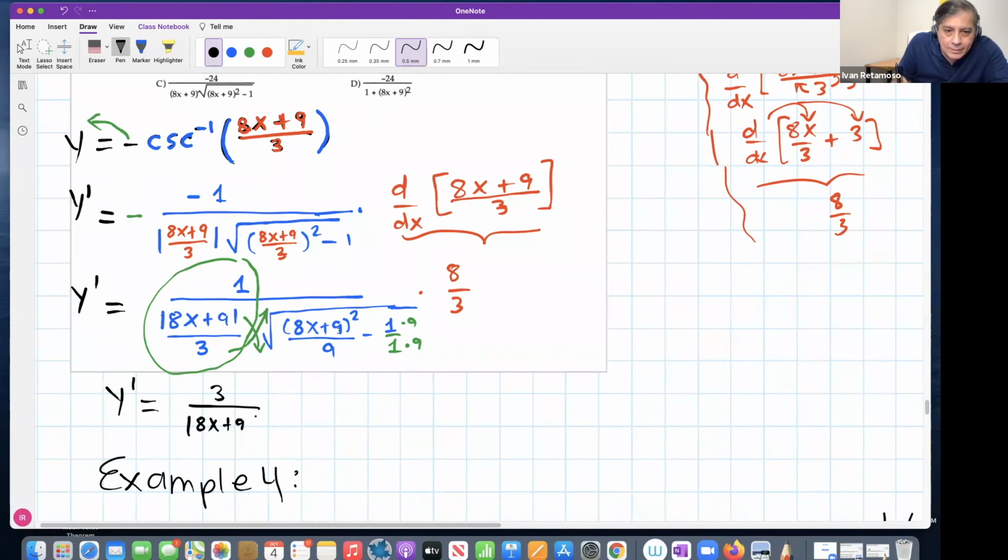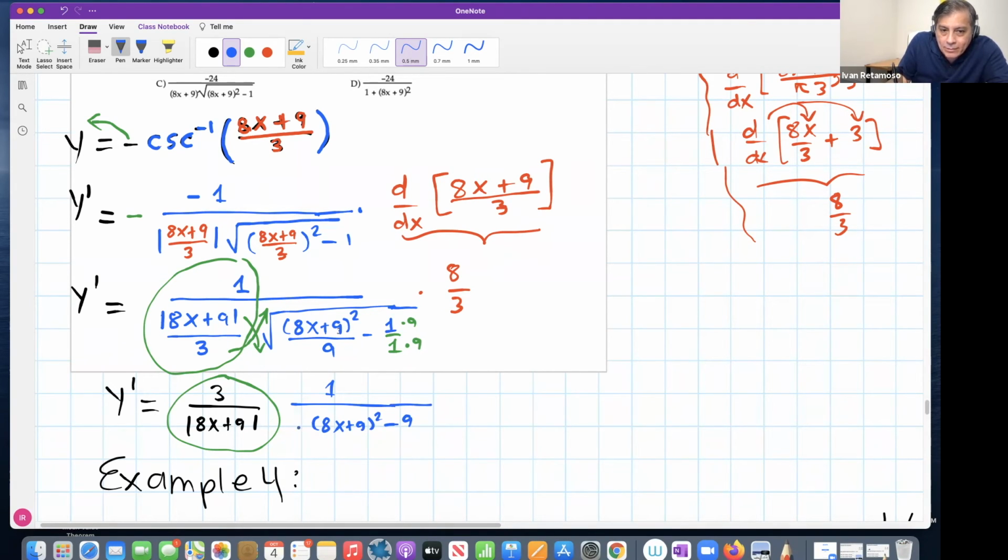I hope you guys follow that. Flip it. Maybe I should put this here so you will identify this with this. Now here, there is an invisible 1 there. So keep your invisible 1 there. Now notice this square root has inside (8x plus 9) squared minus 9 on the top. On the bottom, this 9.